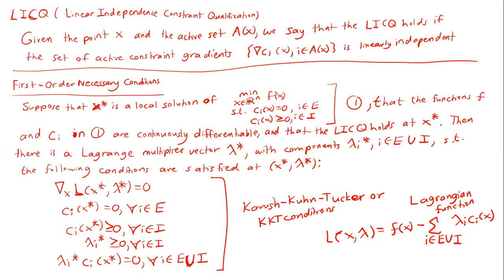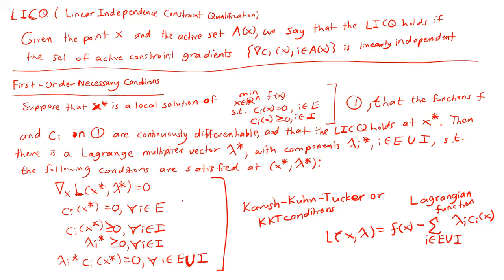Also that the f and the Ci are continuously differentiable, and that there is this other constraint qualification holding at x star, which says that given the point x star and the active set A of x star, the LICQ holds if the set of the active constraint gradients is linearly independent. So all of that has to be true. And then in that case, we can have a Lagrange multiplier vector such that the following conditions are satisfied at x star, lambda star. And these are the KKT conditions.